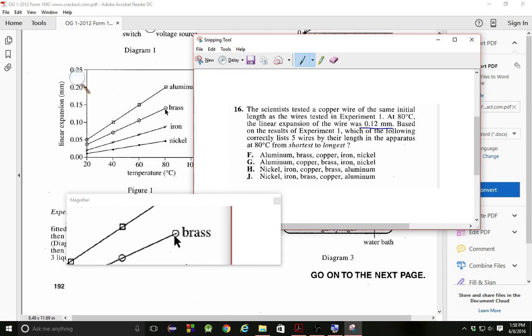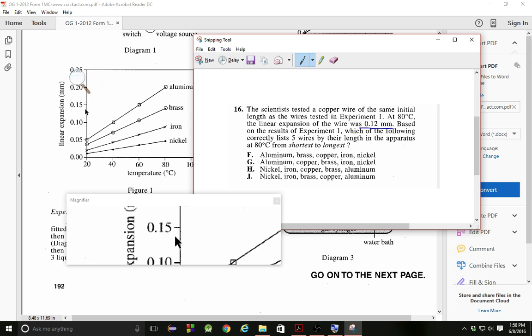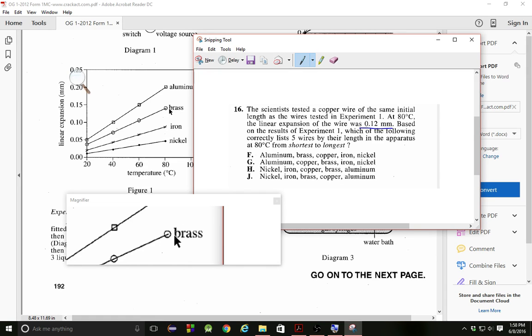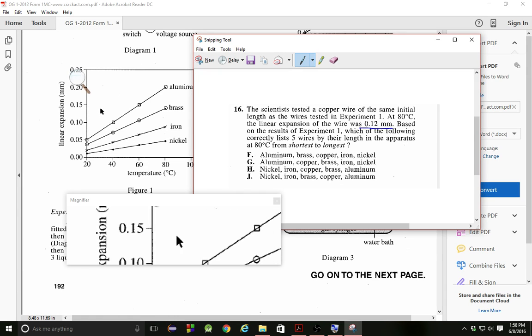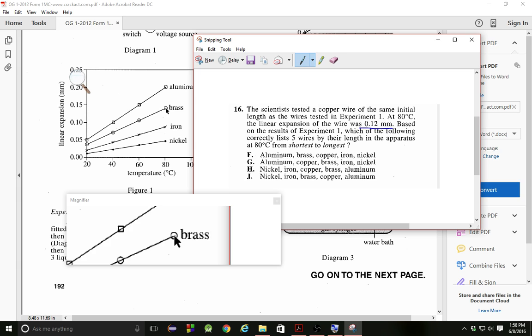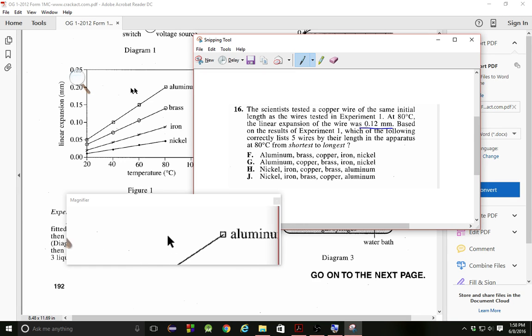We have brass, which is closer to 0.15, more like 0.135 or something like that. And then aluminum, which is close to 0.20.